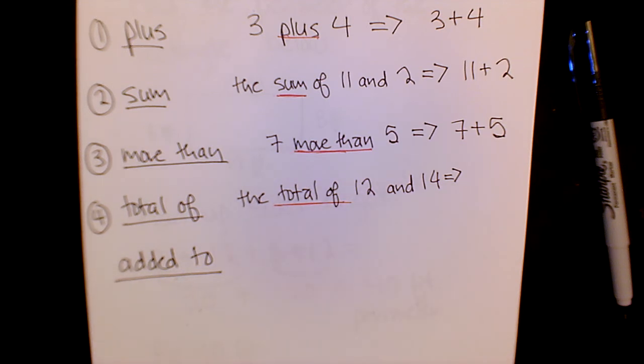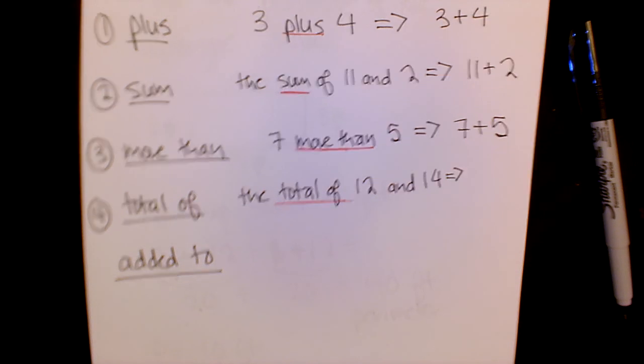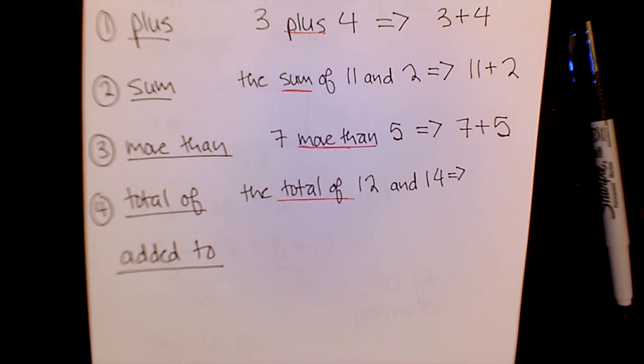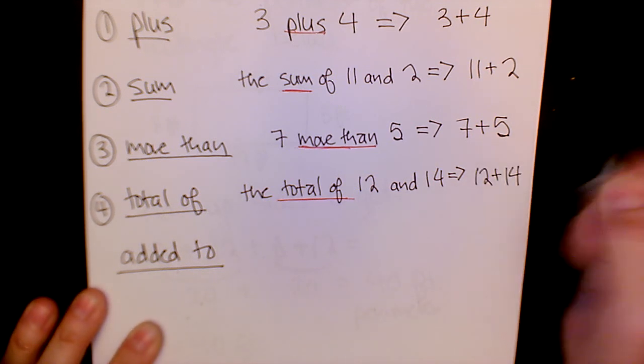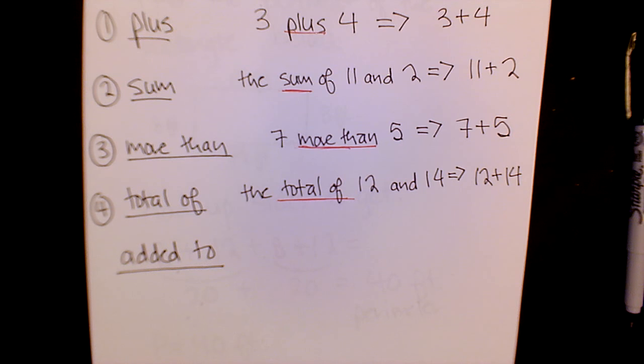Each of these, plus, sum, more than, total of, each of these means to add. So if I want to write the total of 12 and 14 in math, I'm just going to write 12 plus 14. And I'm done.